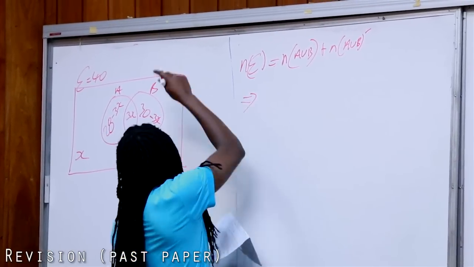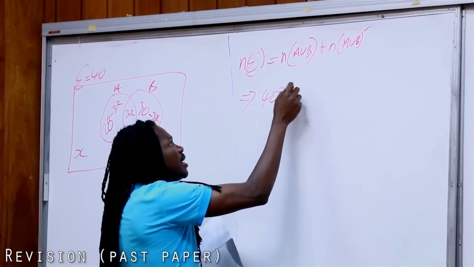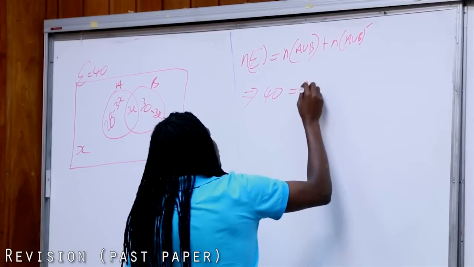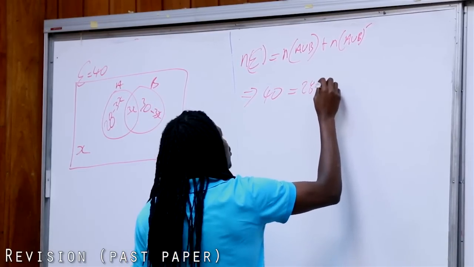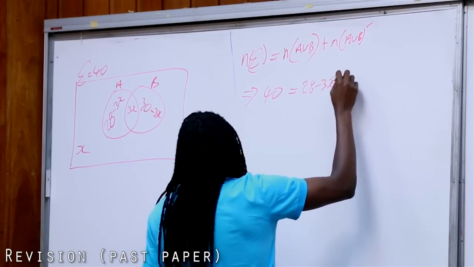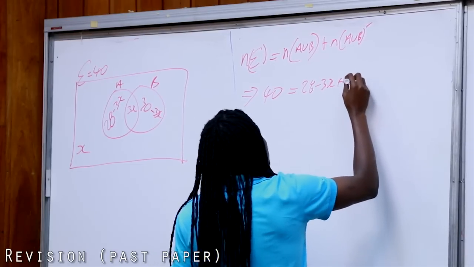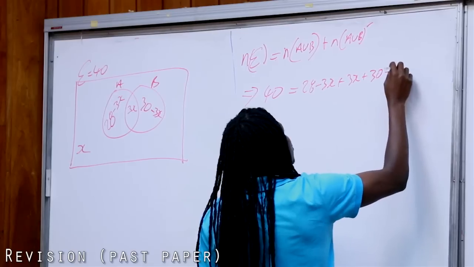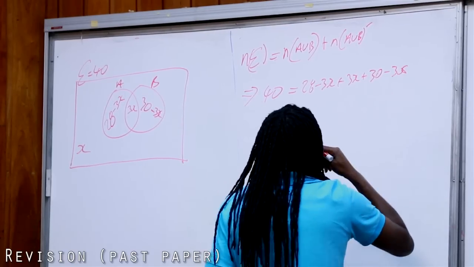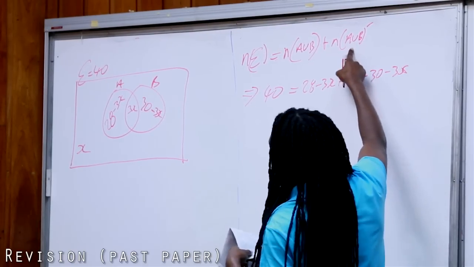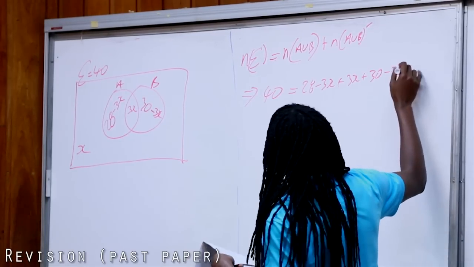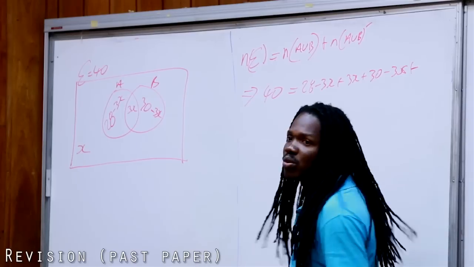This implies that 40 is equal to the number in A union B, 28 minus 3x plus 3x plus 30 minus 3x, and then now A union B complement is x.